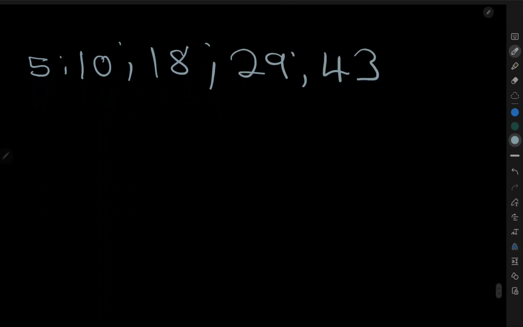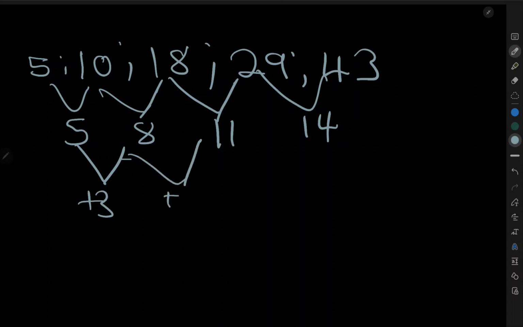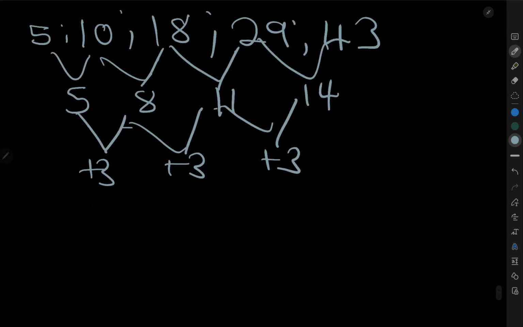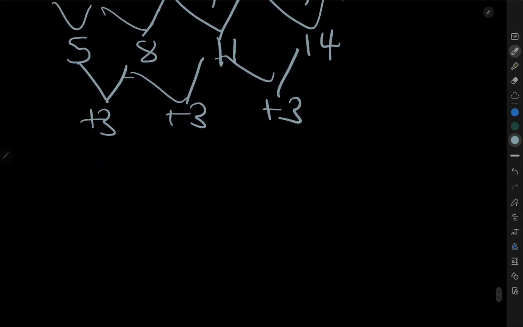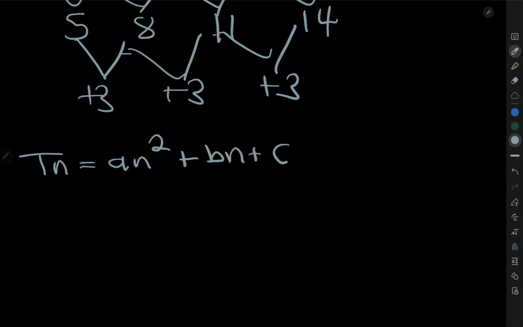And we did determine that we do have a constant second difference of plus 3. So from that, we can tell that this is a quadratic pattern. So we know that the general formula for a quadratic pattern is an squared plus bn plus c.